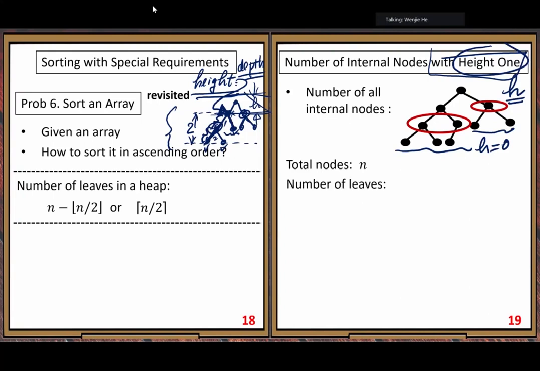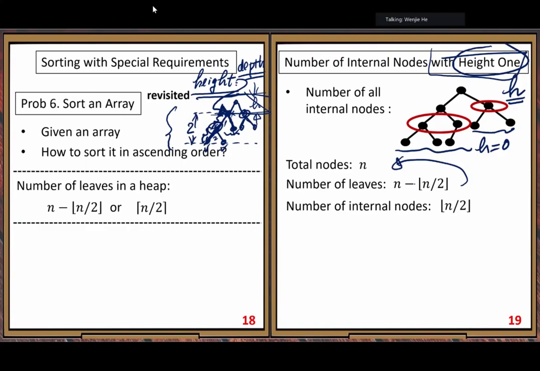Number of leaves, we get that formula: n minus floor of n over 2. That's the number of leaves. Complementary, n minus this number. So the number of internal nodes equals floor of n over 2. That's simple. But this is the number for all the internal nodes, the internal nodes with all the possible positive heights.